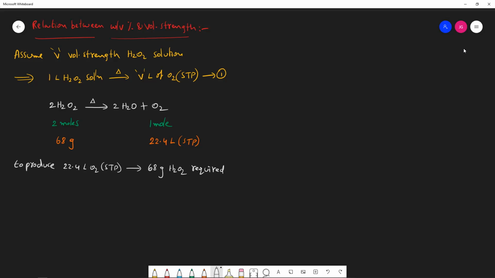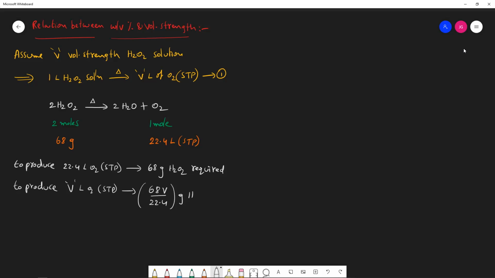Now I'm going to identify, to produce V liter of oxygen at STP conditions, how much H2O2 is required? Just simply cross multiply this one. So 68 V divided by 22.4 liter.